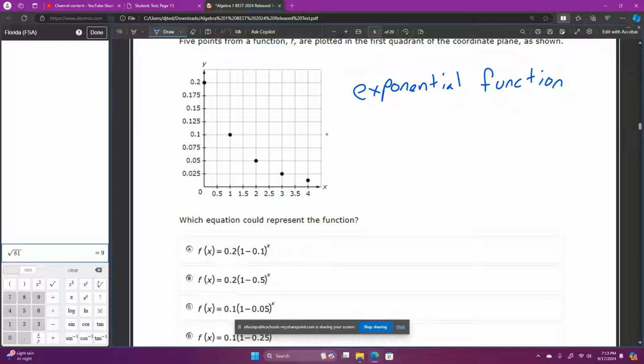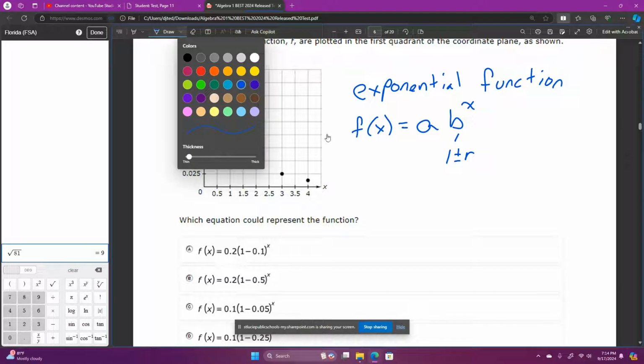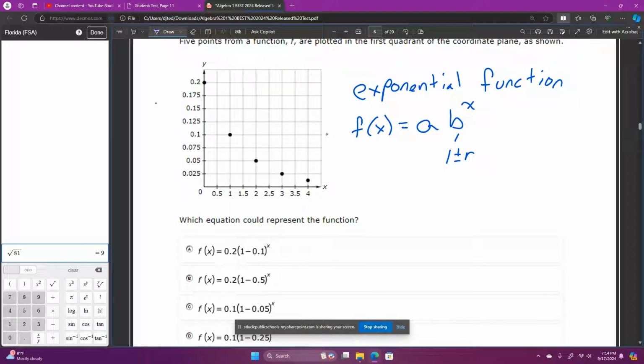This is right from the reference sheet. F of x equals AB to the power of x. And this b can be broken down into 1 plus or minus a rate. And this letter A in an exponential function is always your y-intercept.